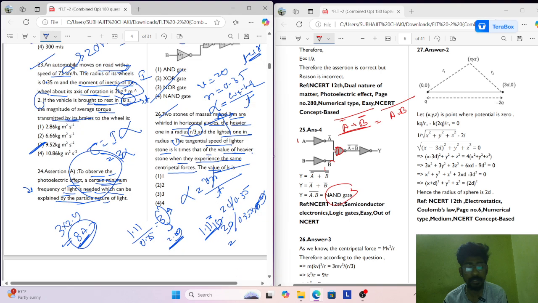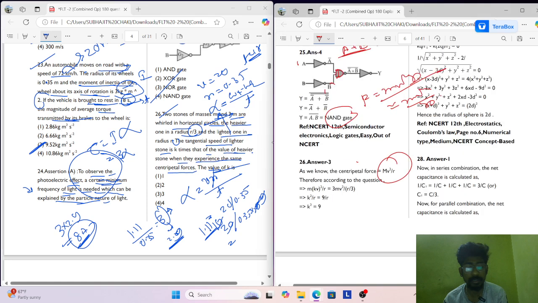Centripetal force is given by the formula F equals m omega square R or mv square by R. So in this case, mv square by R is given. One is m into kv, one is 3m into v, R by 3, right?